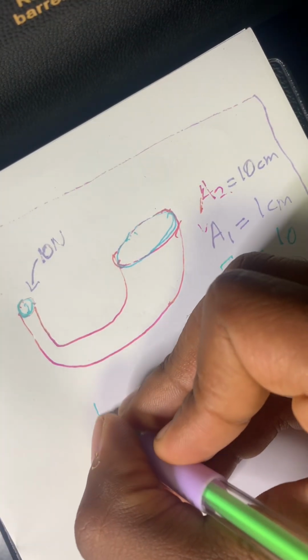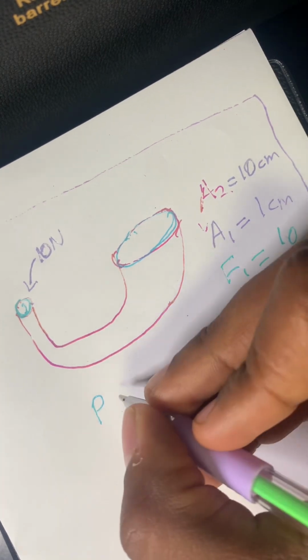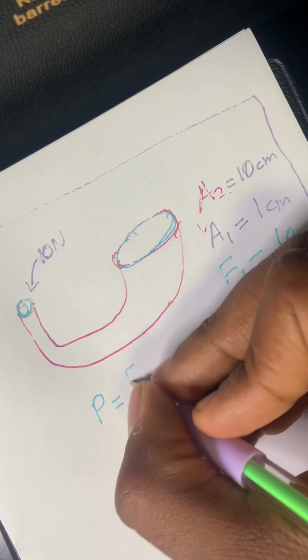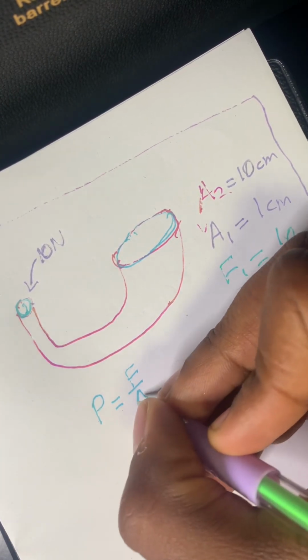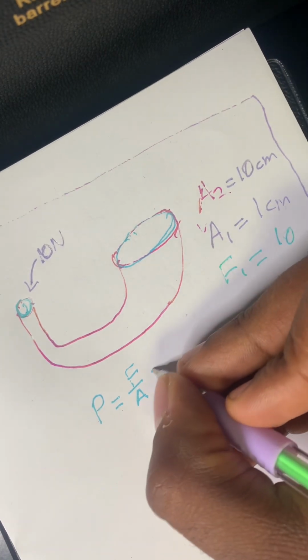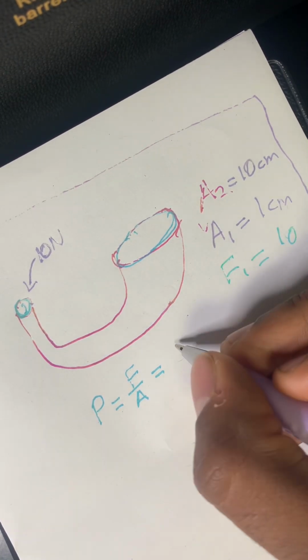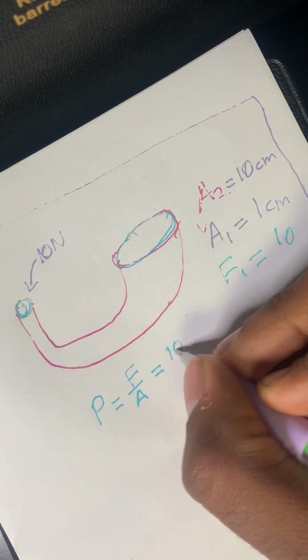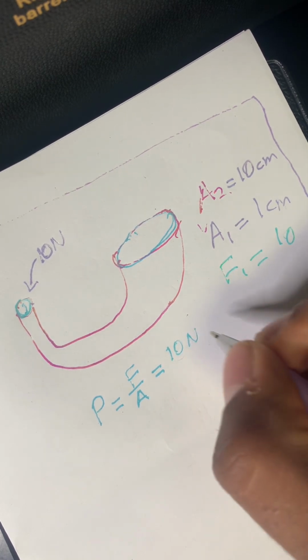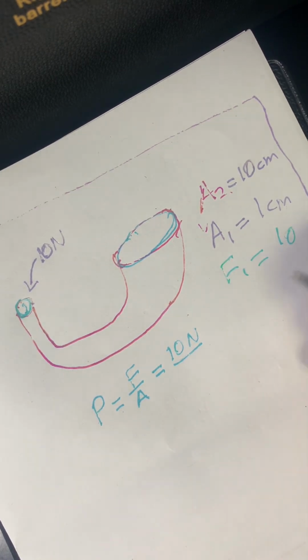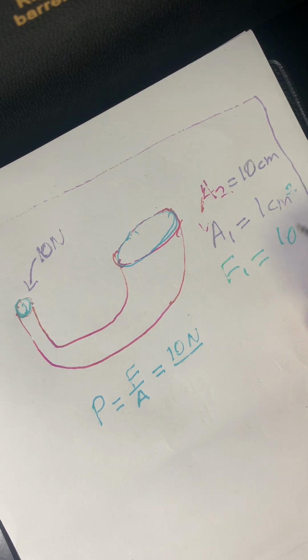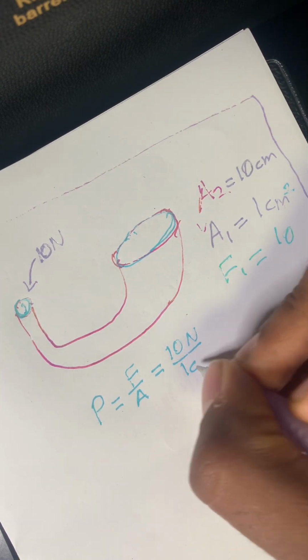Now, this pressure, how would you find it? Well, the equation will be pressure is equal to force over area. Right. So what is the force we're applying? Well, the force we're applying would be 10 newtons. And what's the area? Well, the area, as we said, is 1 centimeter. I forgot a square here, but it's 1 centimeter squared actually.